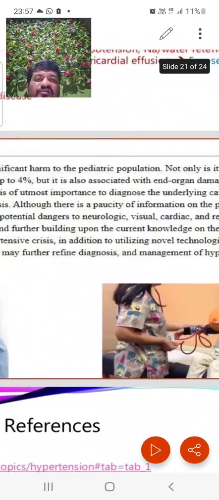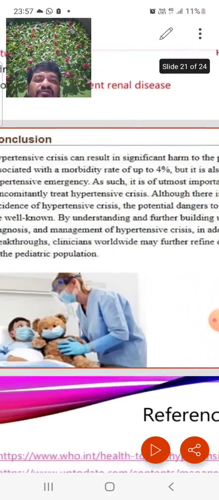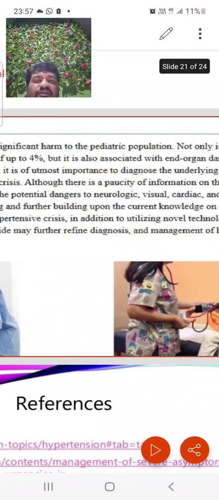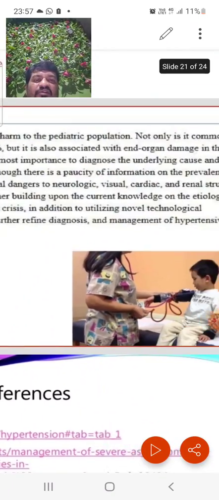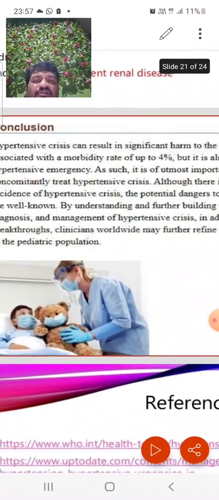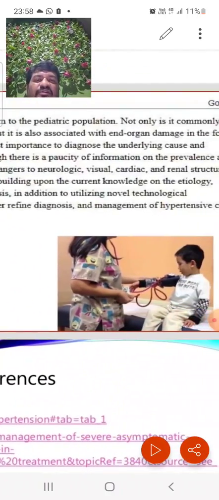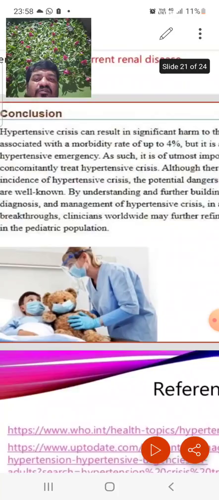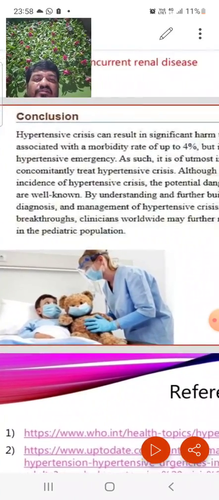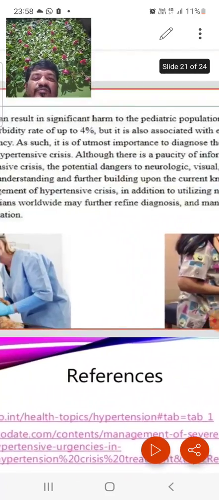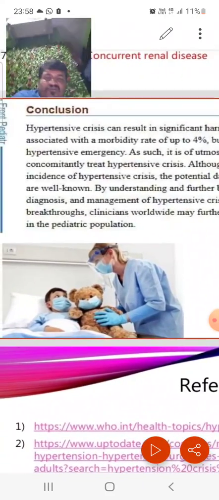Potential dangers to neurological, visual, cardiac, and renal structures are well known. By understanding and further building upon the current knowledge on the etiology, diagnosis and management of hypertensive crisis, in addition to utilizing novel technological breakthroughs, clinicians worldwide may further refine diagnosis and management of hypertensive crisis in the pediatric age group population.